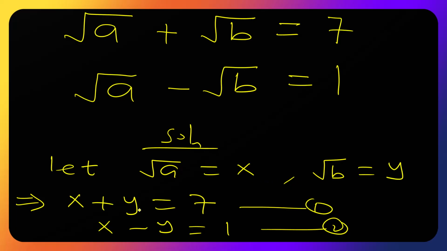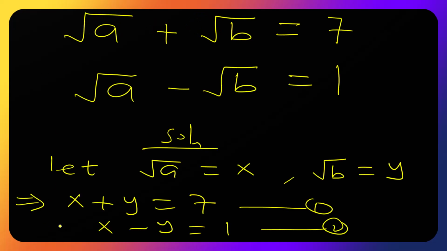Now from here we can add the two equations, which will get rid of the Y. So equation 1 plus 2. So X plus X is 2X.